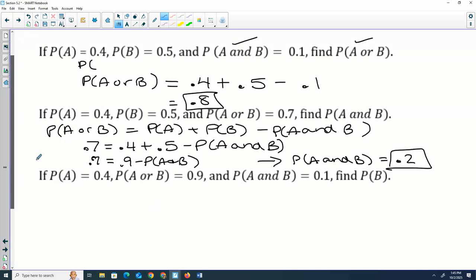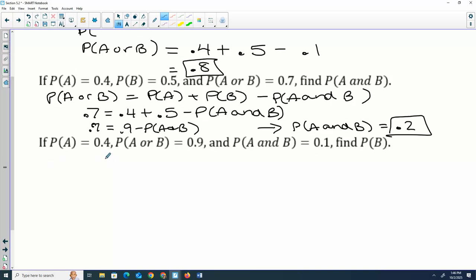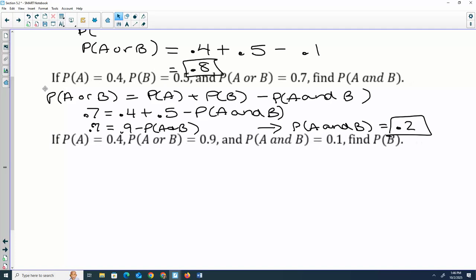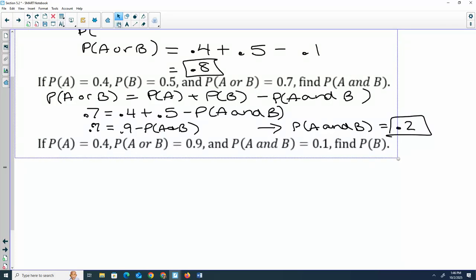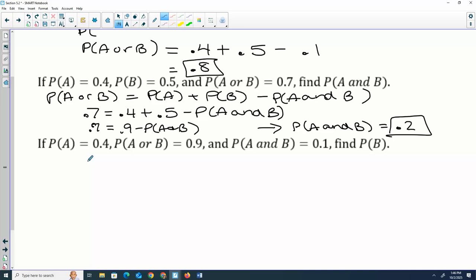All right, you guys try this last one. Okay, so use your formula. Probability of A or B is 0.9.